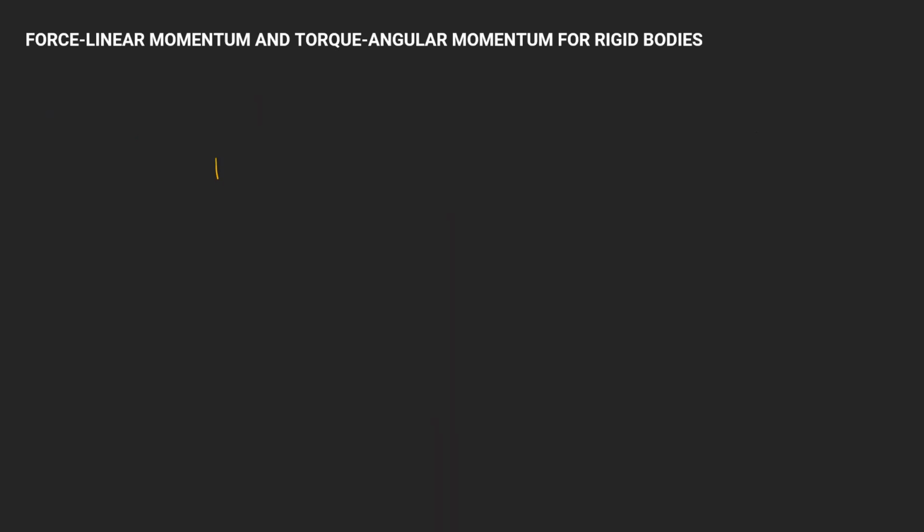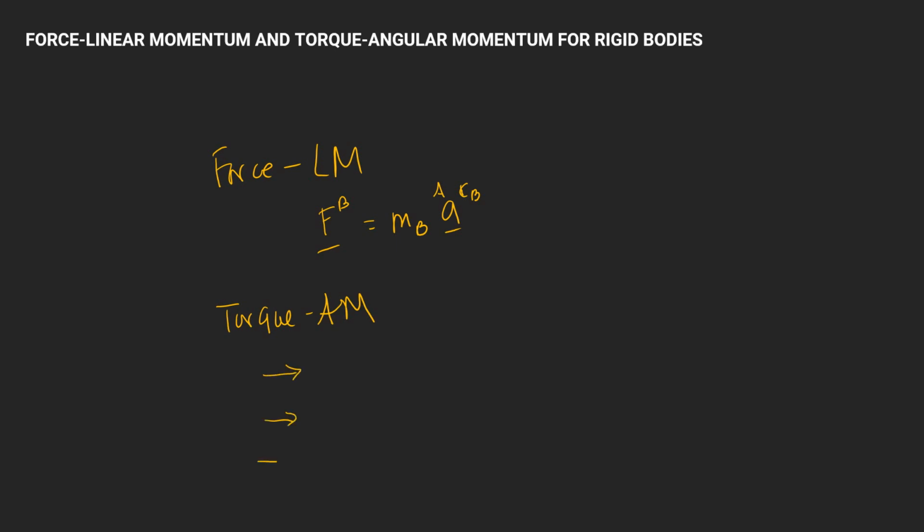And so to summarize, for rigid bodies, the force linear momentum relationship that we will use is: force on our rigid body is equal to the mass of the body times the acceleration of the center of mass of our body in frame A. And then our torque angular momentum relationship will simplify such that we can use one of the three following equations.